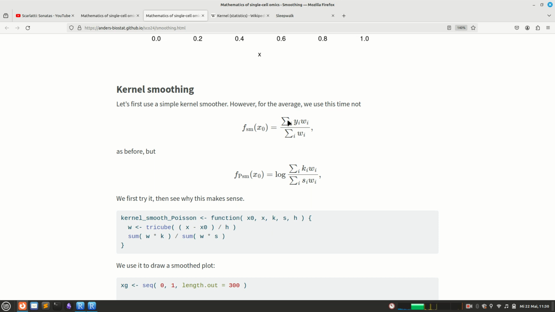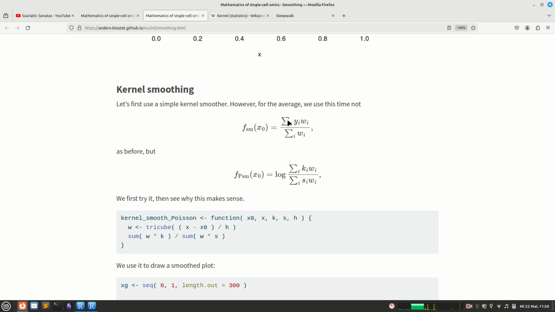But now the noise depends on the size of the cells. Big cells have more noise, small cells have less noise, because we know that the variance of this k is, of course, the same as the expectation, lambda of s. So I should put a higher weight on the bigger cells and a lower weight on the smaller cells.